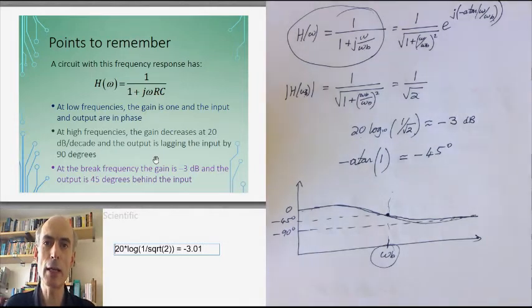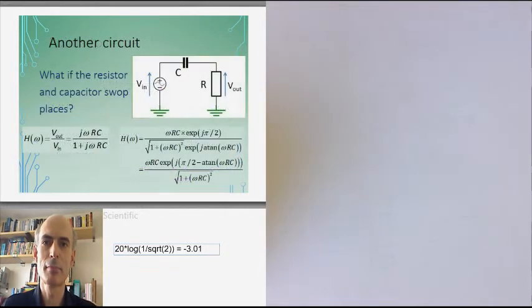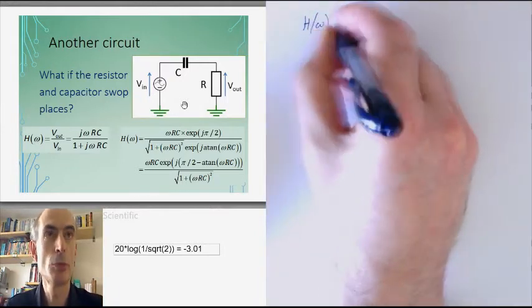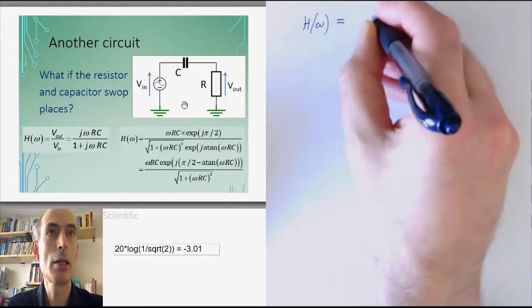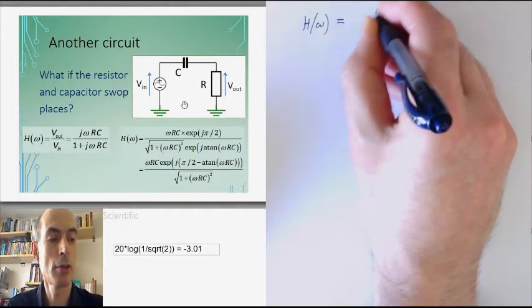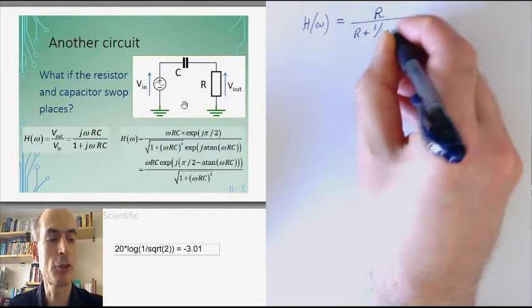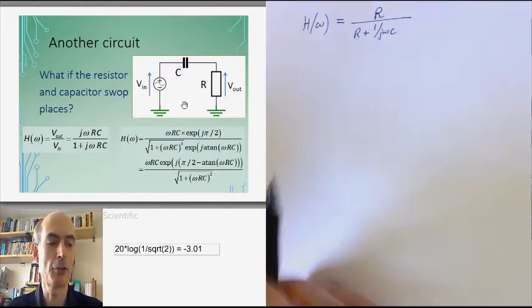Now, let's have a look at a slight variation on this circuit. Here, I've just swapped the capacitor and the resistor around. It's still a potential divider. I can still use the potential divider equation to work out the frequency response. And the frequency response in this case would be the resistor divided by the resistor plus the capacitor in terms of their complex impedances.